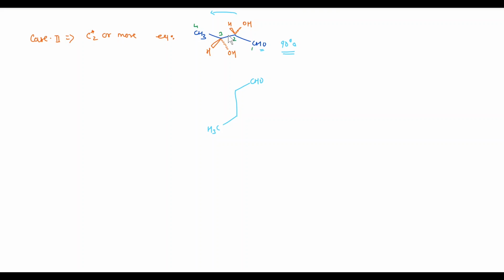In this case, basically carbon 2 and 3, in which the CHO group, that is the aldehyde group, is on the right-hand side and the CH3 group is on the left-hand side when we see from this angle. That's why I write here the CH3 group on the left-hand side and the CHO group on the right-hand side on the vertical line.